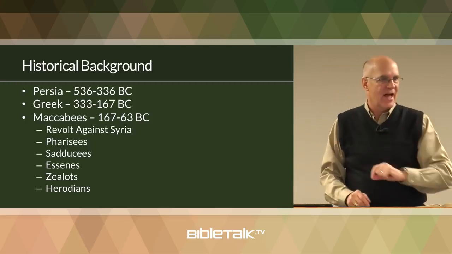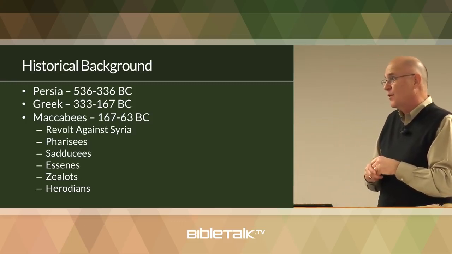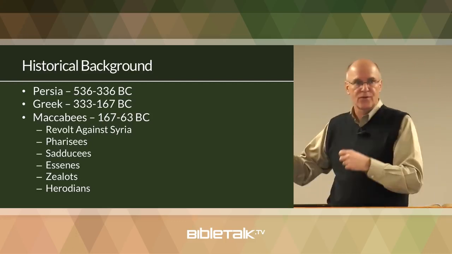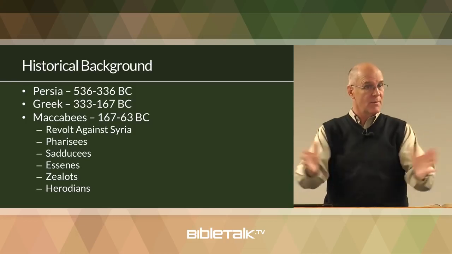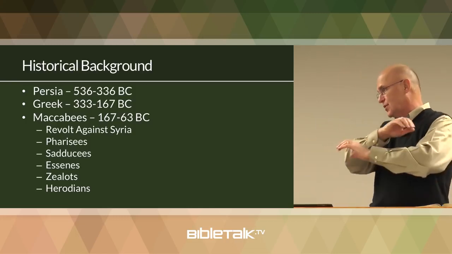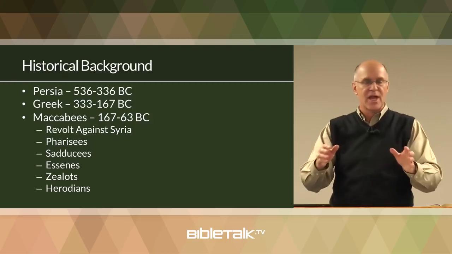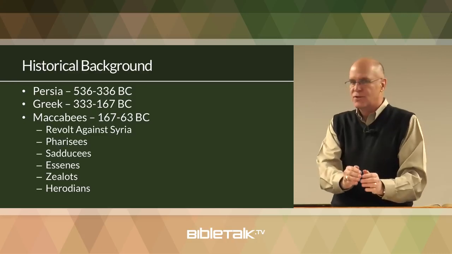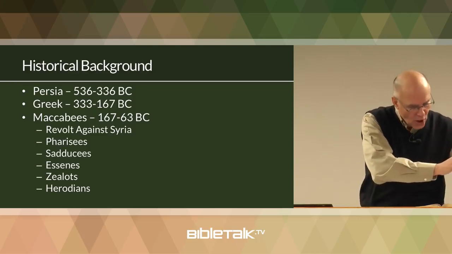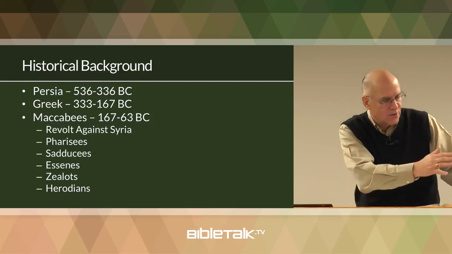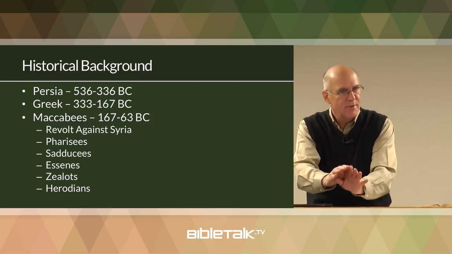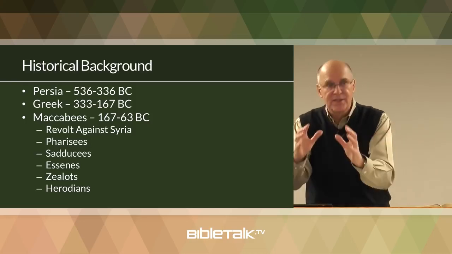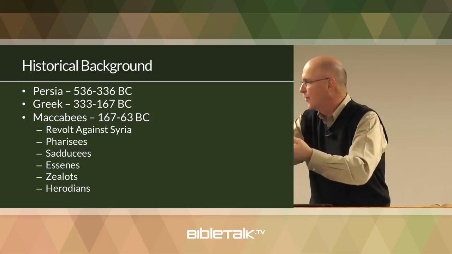The reason they did that is that they were afraid that there would be some sort of cataclysmic military thing that would happen where either the north or the south or the Greeks or somebody would come in and destroy Jerusalem again and destroy the temple and destroy the scriptures. And so they wanted to protect the scriptures. So they were very careful in copying them. They were scribes, and so they copied the scriptures, hid them in caves, hoping to guarantee that the scriptures would live on for another generation.